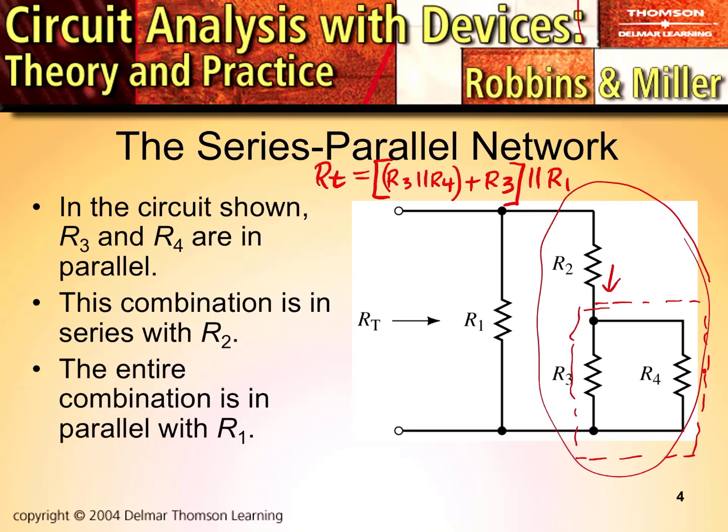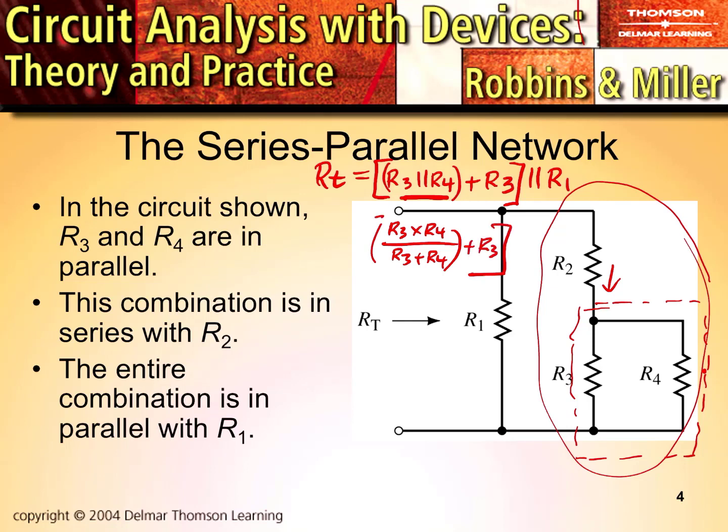So what would be the process of calculating this? Well, because you've got only two resistors in parallel, product over sum on this part, so that would be R3 times R4 over R3 plus R4. You've come up with that result. You add R3 to it, right?